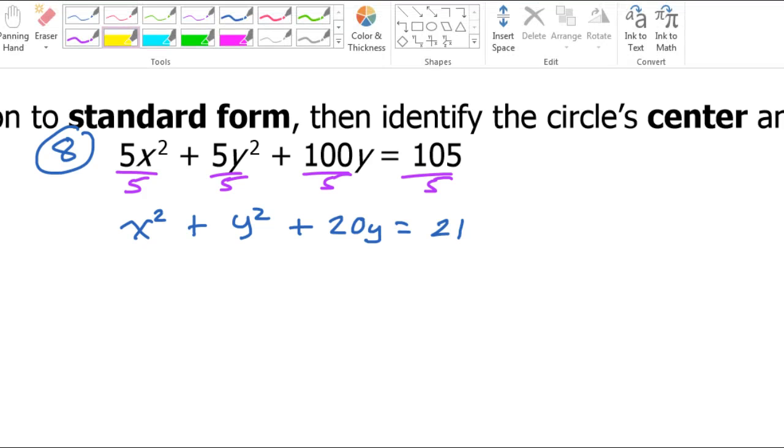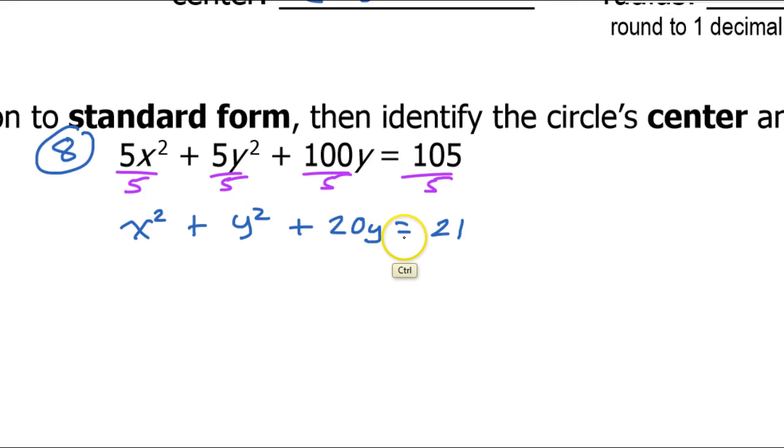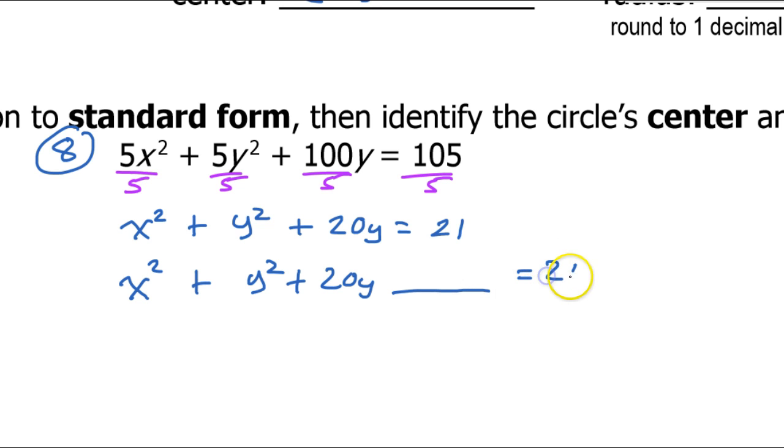I should have left a space for the y's. I'm just going to rewrite it. So I've got x squared, and then I've got y squared plus 20y, need a space, is equal to 21. All right, the x squared is just going to come down unchanged.